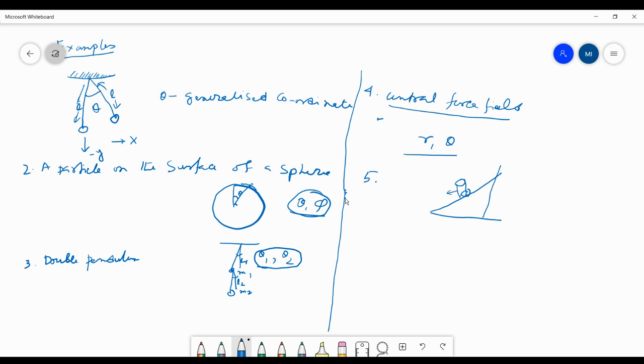The generalized coordinate will be theta, not this angle theta, but the angle that a particular radius vector of the cylinder makes with the vertical. So theta will be the generalized coordinate.